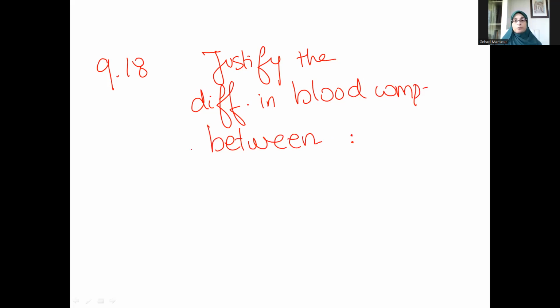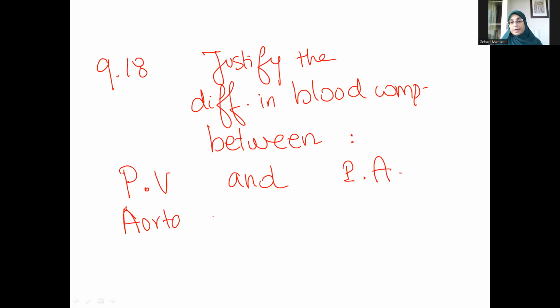For example, we might ask about the difference between the pulmonary veins and the pulmonary arteries, or I might ask about the difference between the aorta and the inferior vena cava.